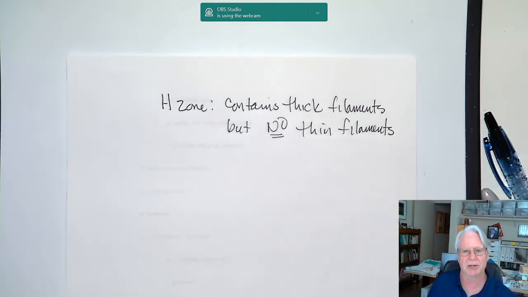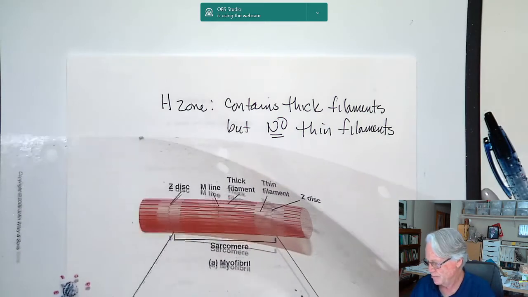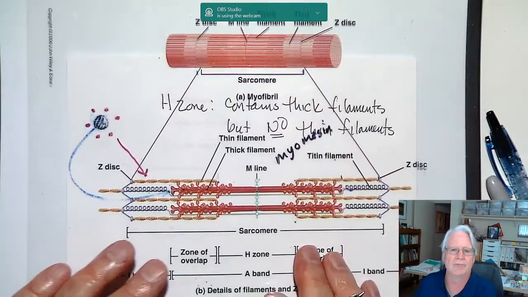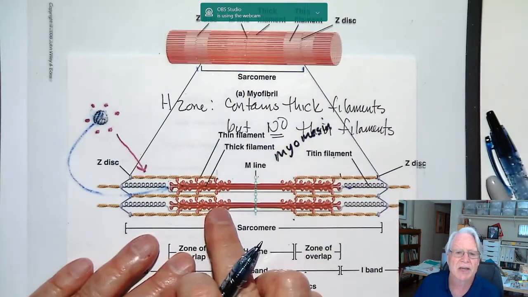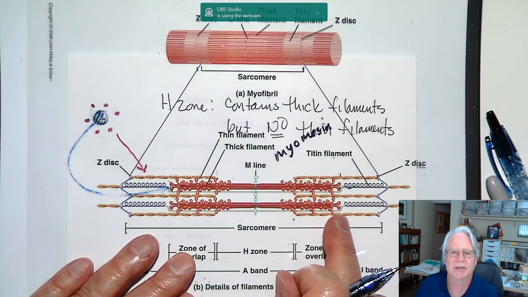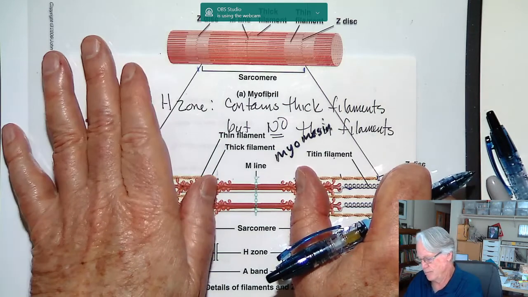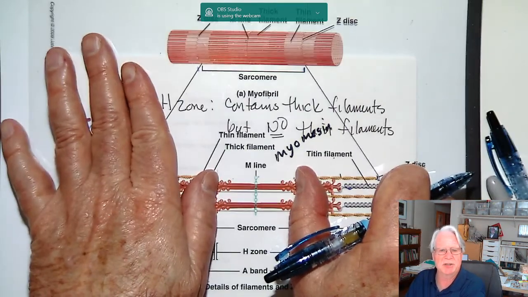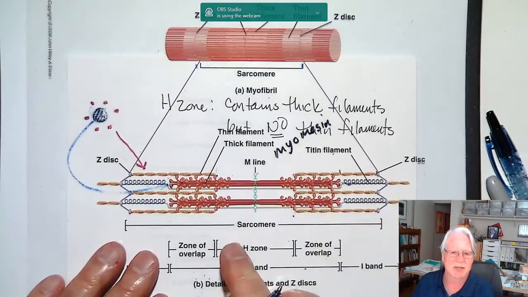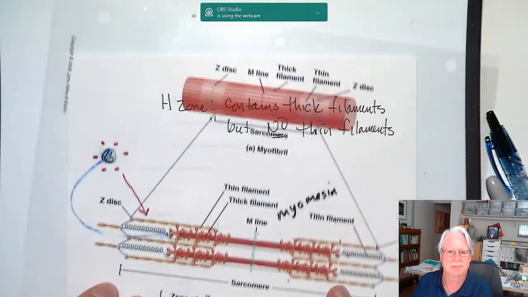So let's take a look and see what we mean by that. Thick, but no thin. So between that thumb and that thumb is just thick filaments, no thin filaments. So that's going to be my H zone.